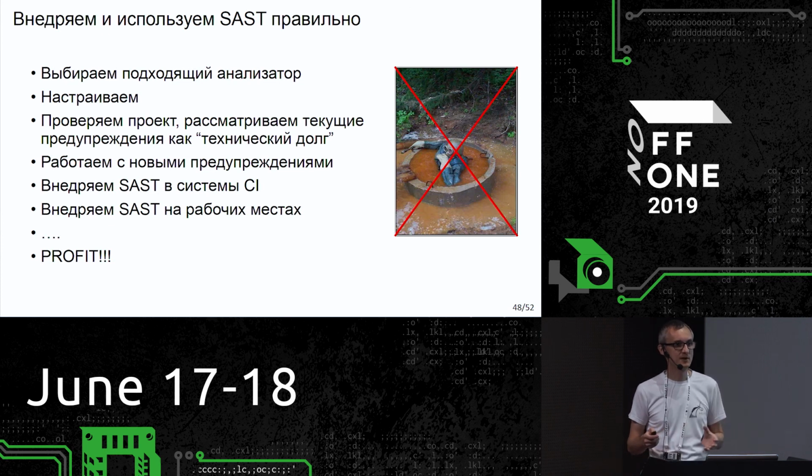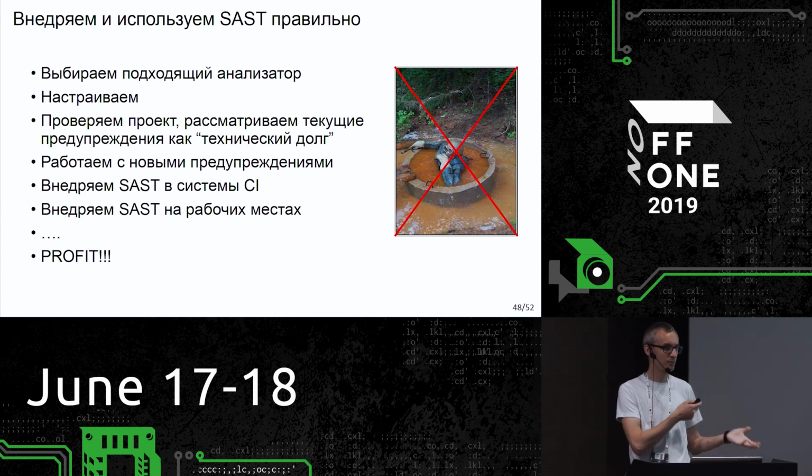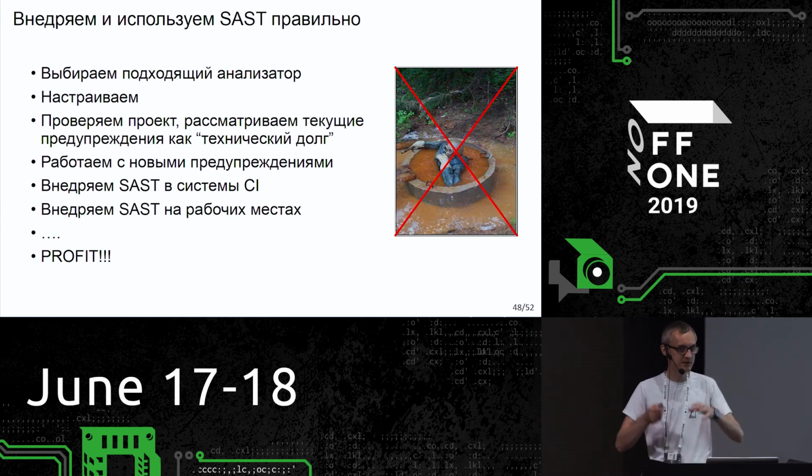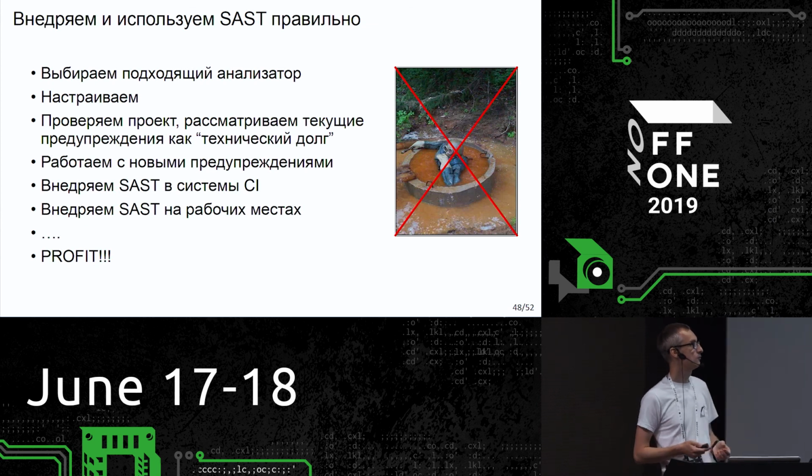A good analyzer enables you to put them away for a while and start working with the new ones. The most interesting thing is the new code which your team is writing at the moment. You can always go back to legacy code and correct it any time, because your project has been developing for many years and your old code is working. Yes, you can make it perfect if you find time for this.